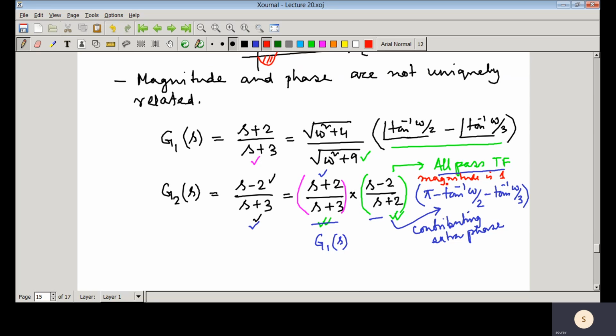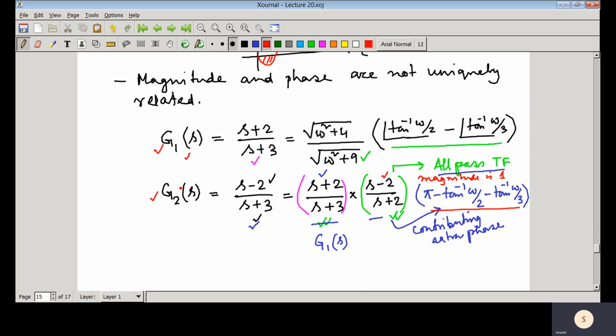It is not changing any magnitude, but it is contributing this particular phase. This extra phase is coming because of the right half zero. If you compare G1 of s and G2 of s, they have the same magnitude, because this all-pass factor is not changing the magnitude, but you can see its phase is more.